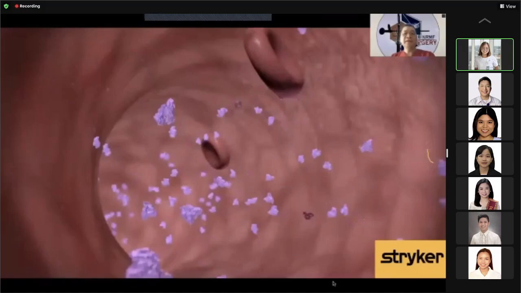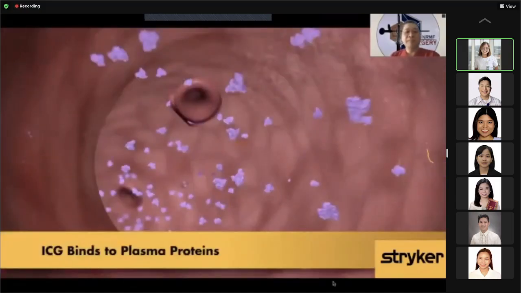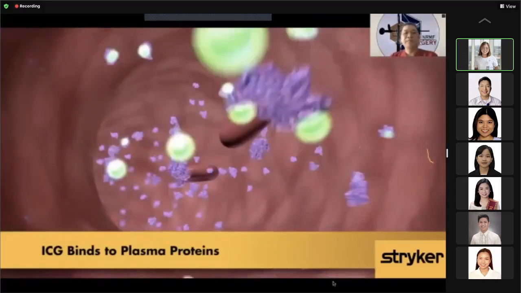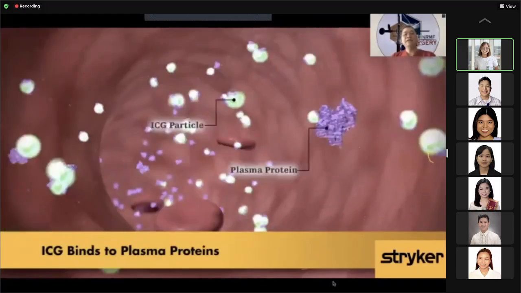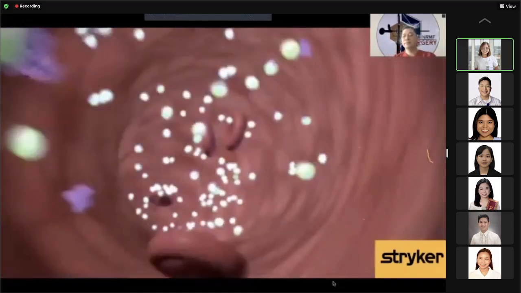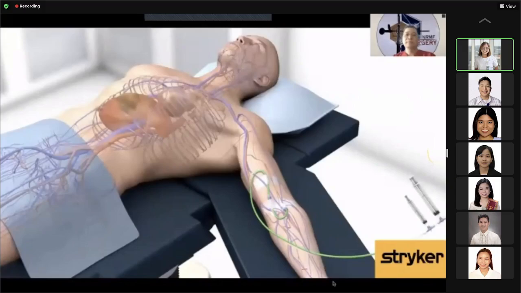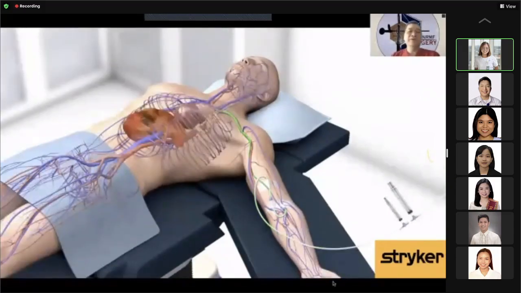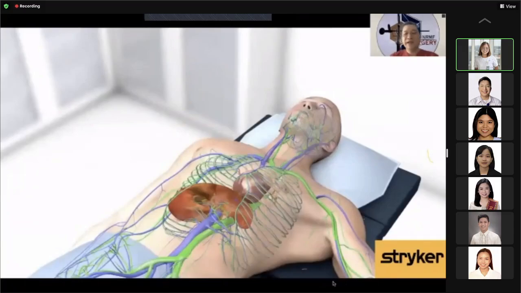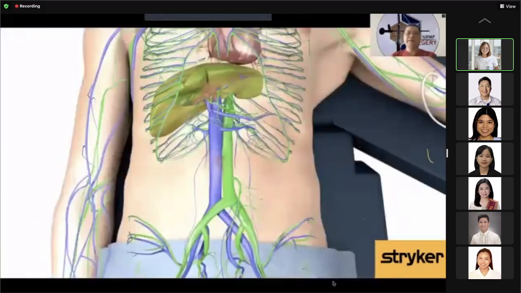Then in the blood stream, they will bind to proteins and they will be excreted in the bile and go to your bile duct. So it will go to your circulation. It attaches to your albumin and it's concentrated and excreted in your liver and it goes to your bile duct and your gallbladder.